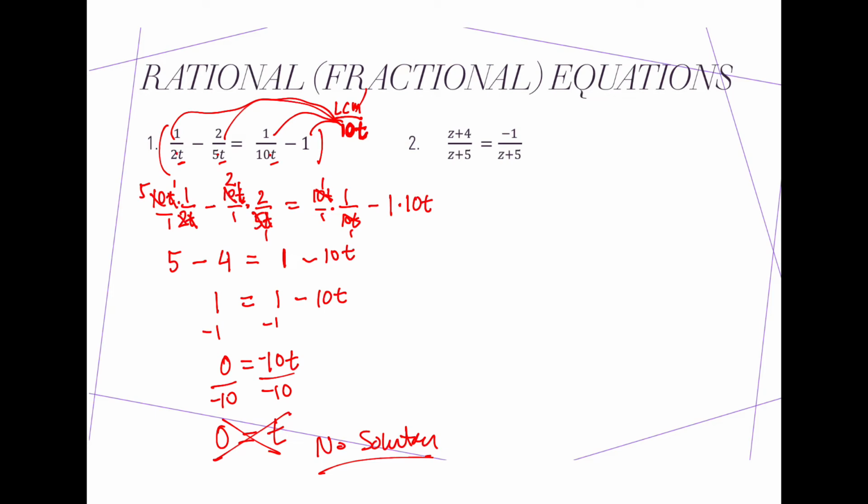All right, looking at my next example here, we see we have two identical denominator values of z plus 5. And so that expression, z plus 5, is the factor in both of those denominators. It's not that z and 5 are separate factors, because they're not a part of a multiplication.